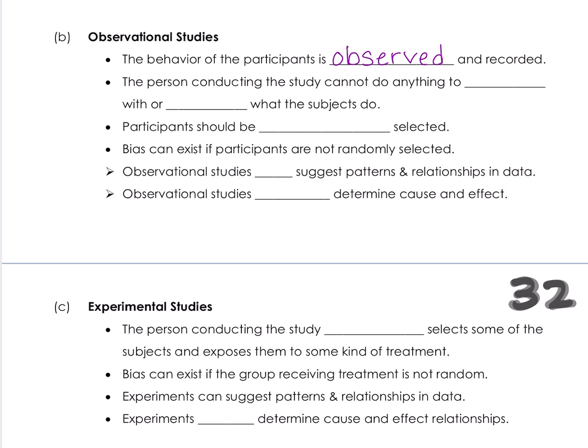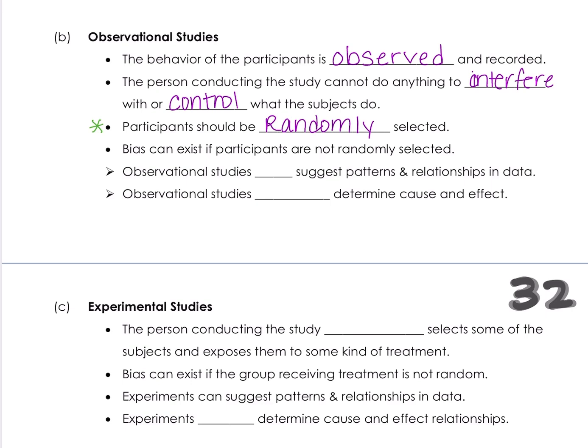The person conducting the study cannot do anything to control or interfere with what the subjects do. Participants should be randomly selected. So here we go with that random again, okay? Participants should always be randomly selected. Bias can exist if participants are not randomly selected.